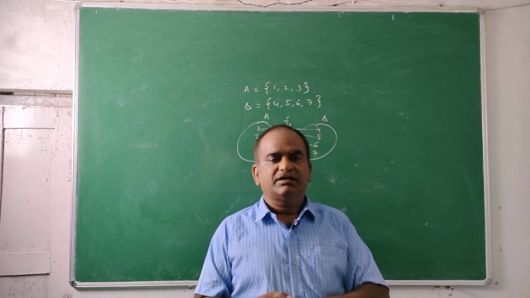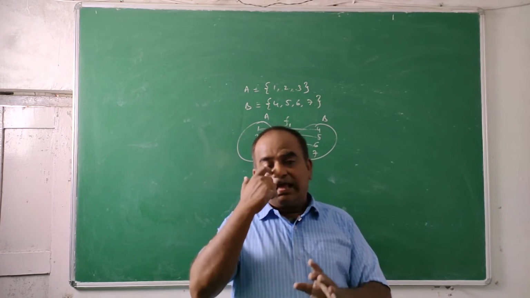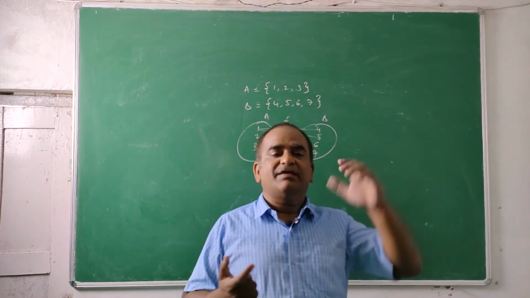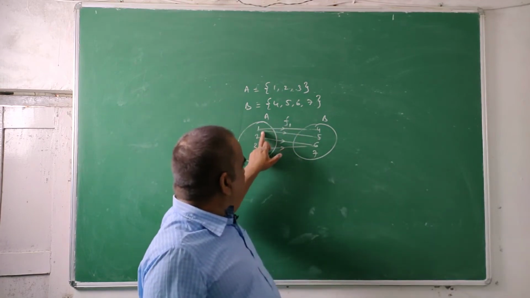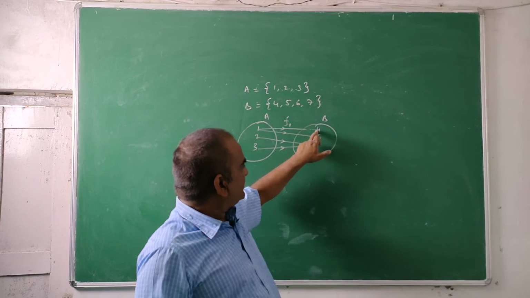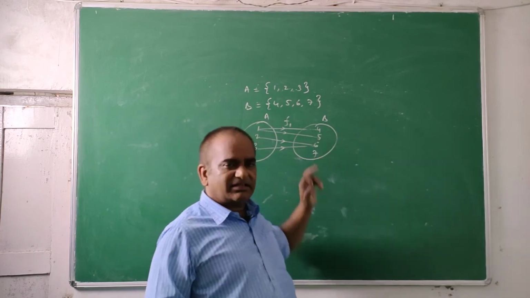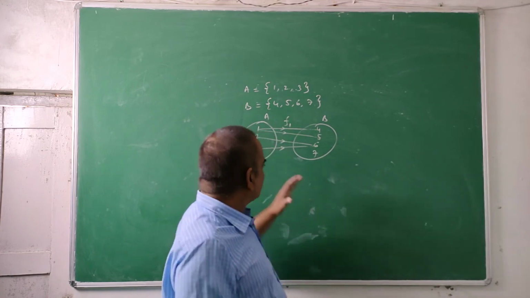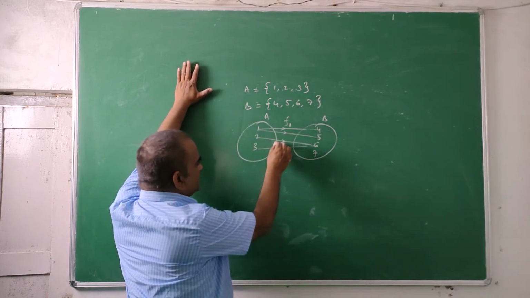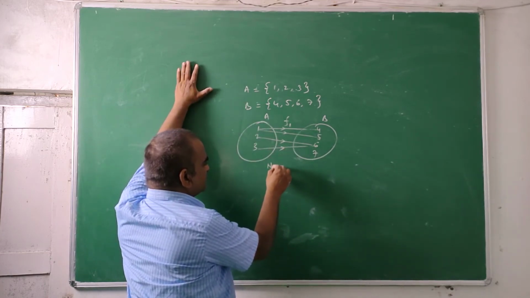No. It's a crime. In society it is a crime, in mathematics also it is a crime. One element of A should not have two different images. So it is a relation, but it is not a function.